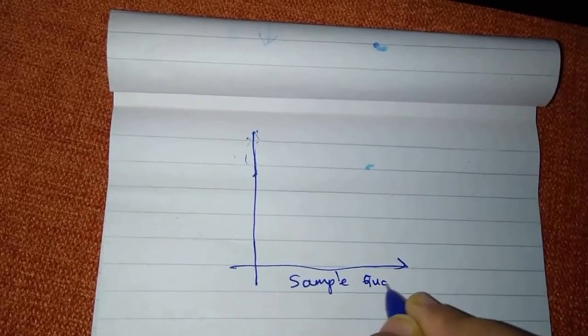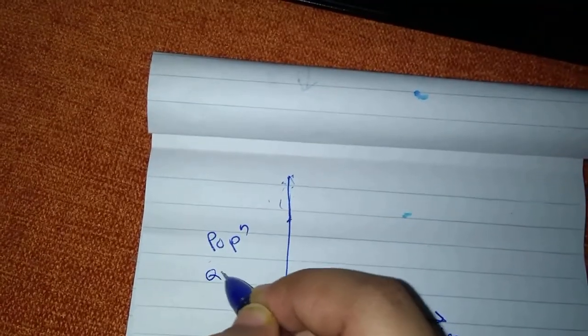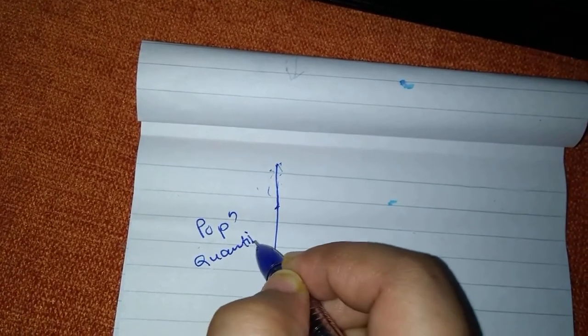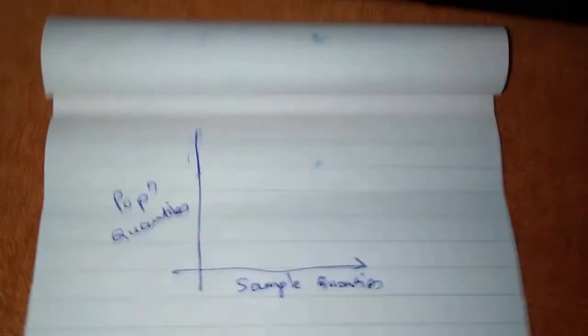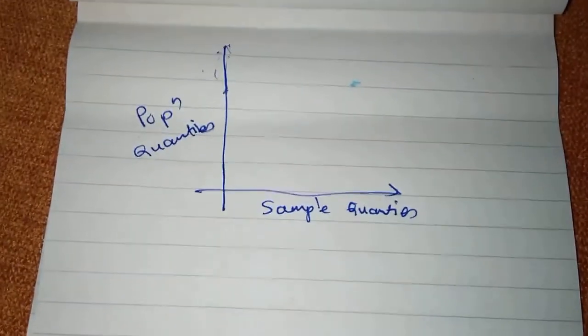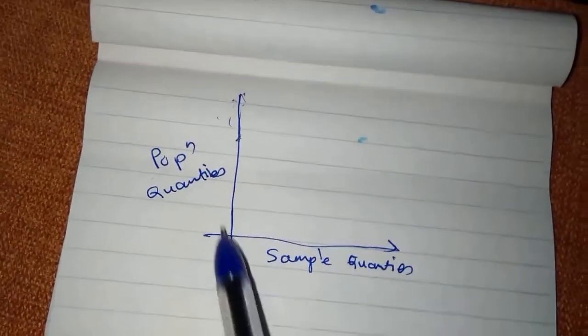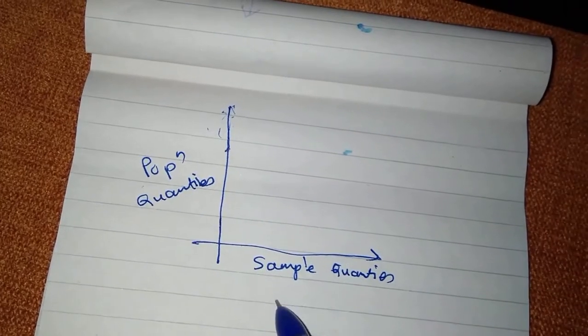In a QQ plot we are going to have sample quantiles on, say, the x-axis and population quantiles on the y-axis. As I said, this is the population under consideration.